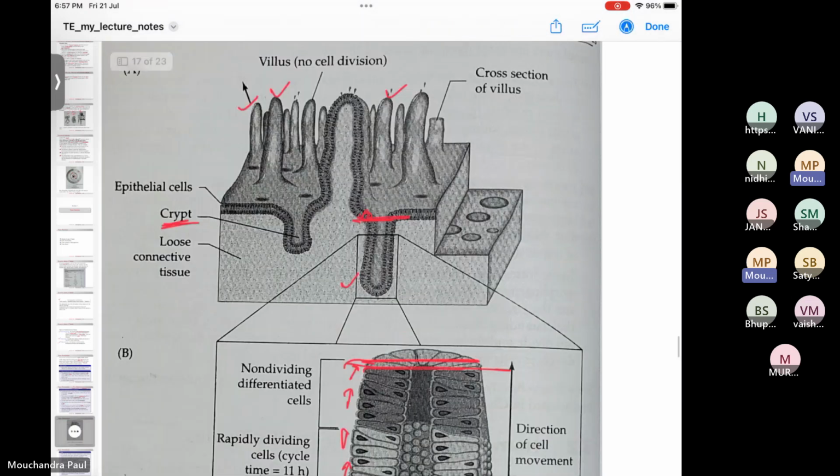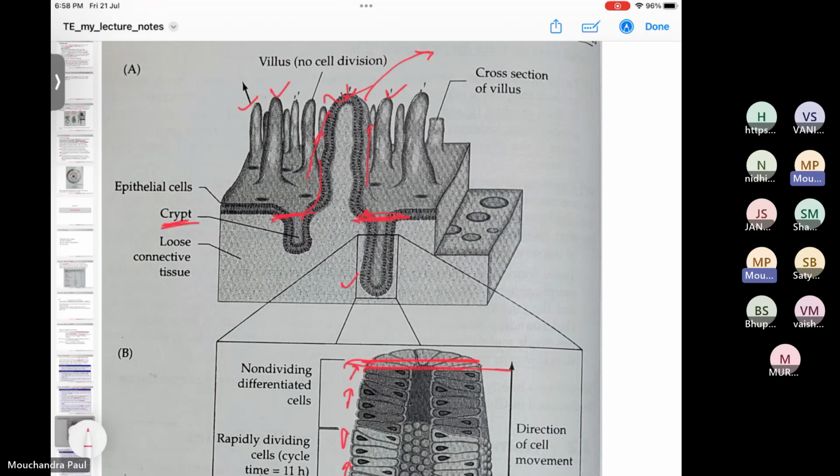So this is one crypt, and this is another crypt. From both ends the cells are climbing, and at the top there is no cell division; rather this layer gets sloughed off, shedding off entirely. Then again new cells will climb up, and again they shed off.